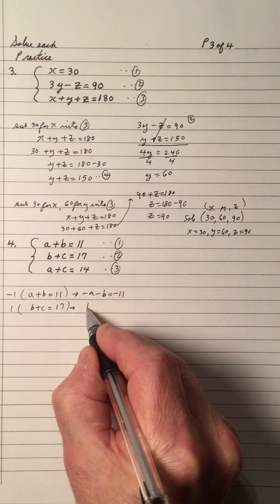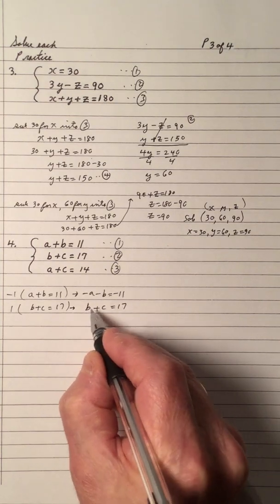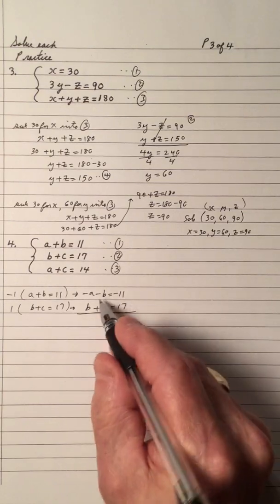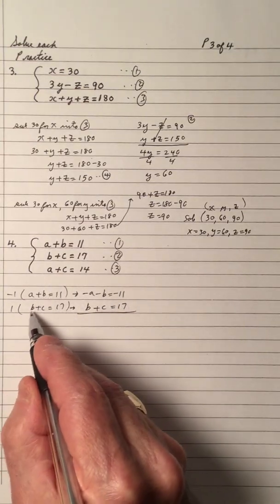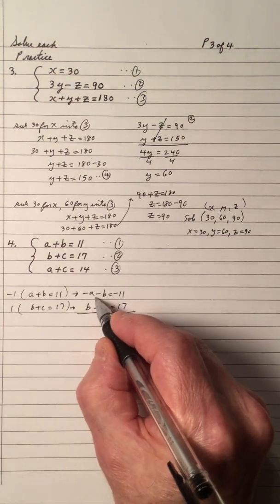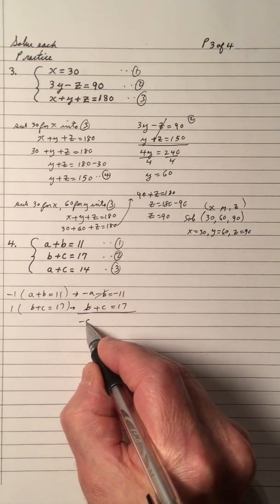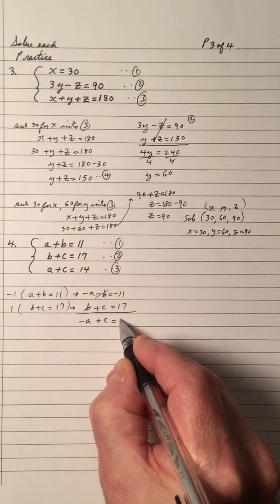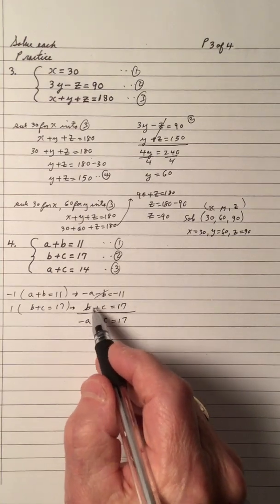Multiply by 1, I get B plus C equals 17. By multiplying by -1, I'm eliminating my B because B is in both equations. Even though they're not lined up, when I add, the negative B and the B cancel. So I get a negative A plus C equals 6. So do I really need them above and below each other? No.